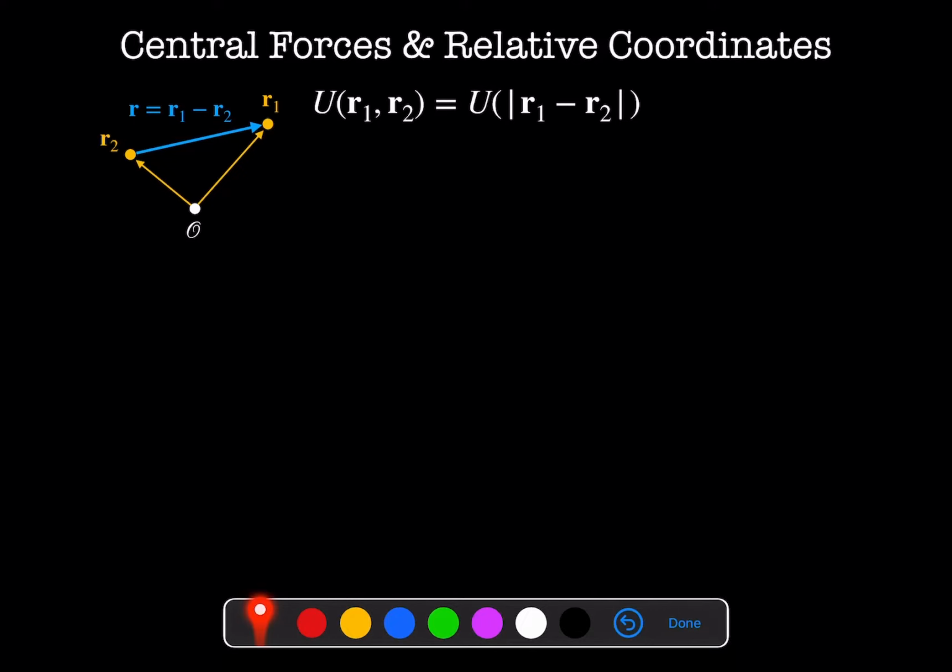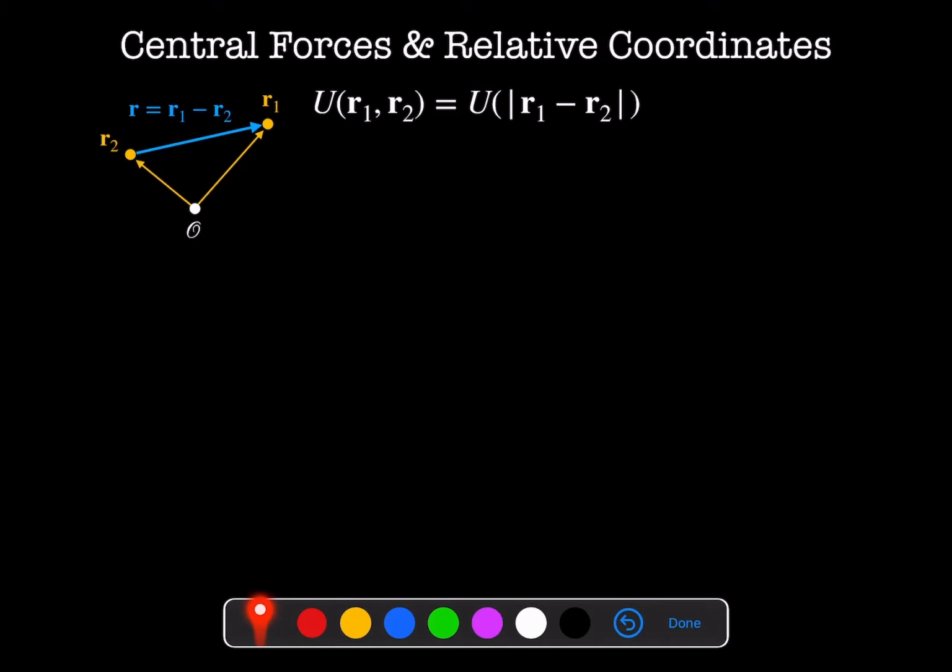Here, we have two particles. One has mass m1, located at distance r1 from the origin, and the other has mass m2 and is located at distance r2 from the origin. They're separated by some vector r equal to r1 minus r2. The central force potential is a potential that depends only on r, the separation between the two particles.